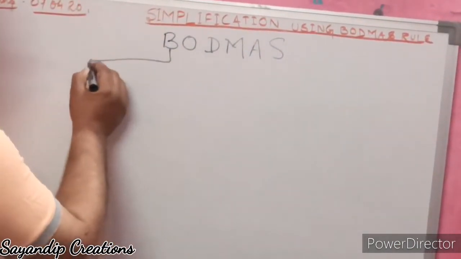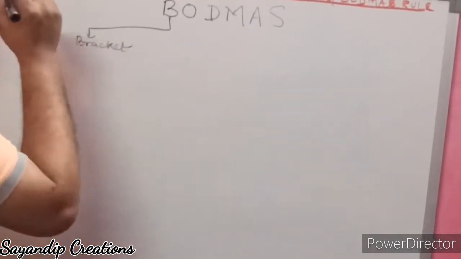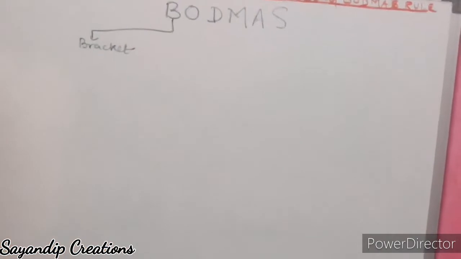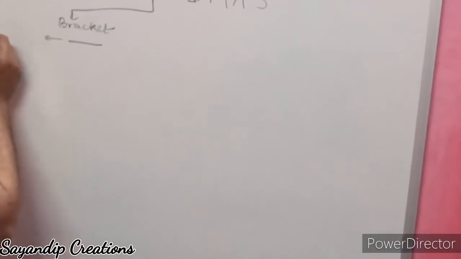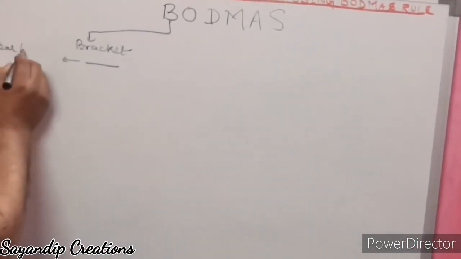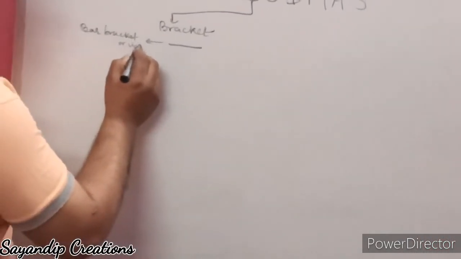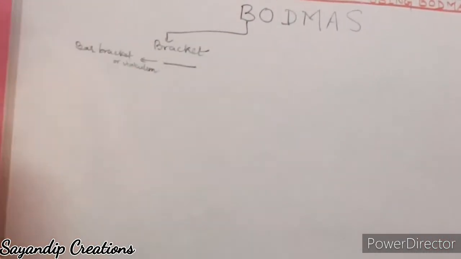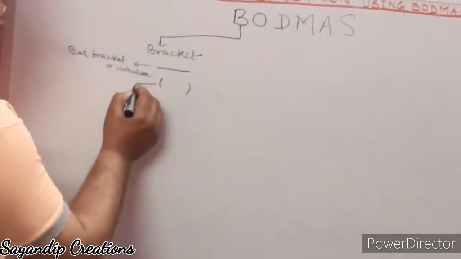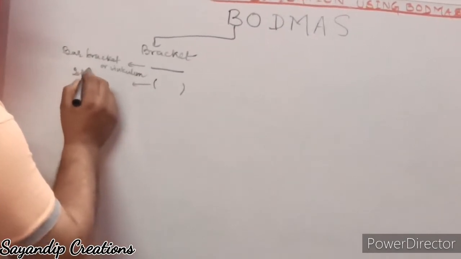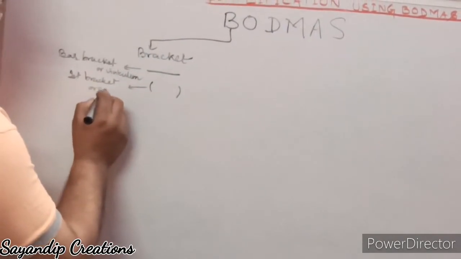This B is for bracket. Now, there are 4 different types of bracket. This you term as the bar bracket or vinculum. Next, this you term as the first bracket or small bracket.